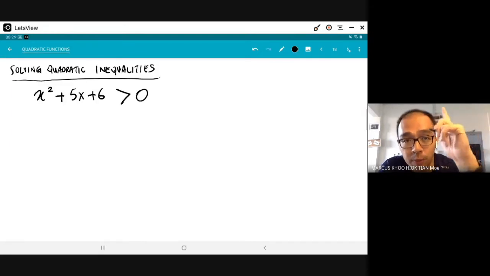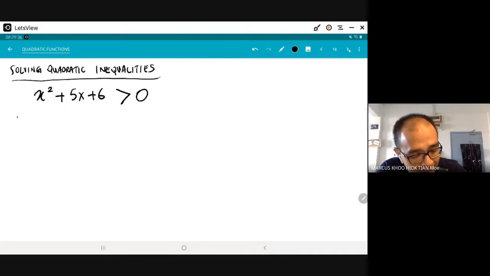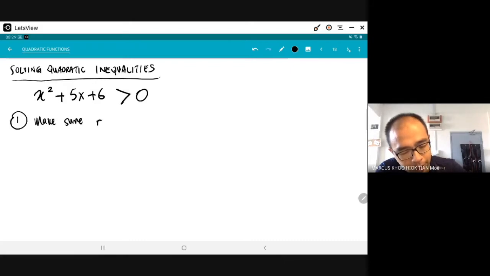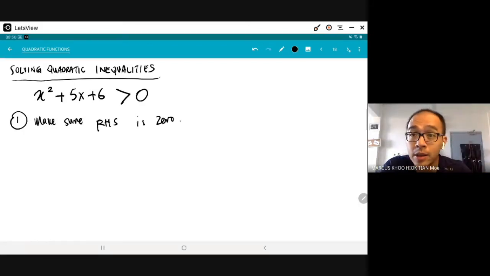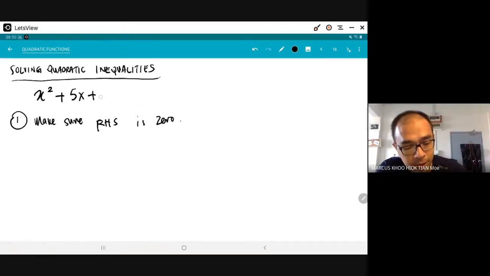Okay, step 1. Ada step-step ni macam langkah memasak saja. Okay, step 1. Okay, make sure okay that the right hand side sebelah kanan is 0, no matter what. Okay, let's say for example kalau saya bagi begini lah.